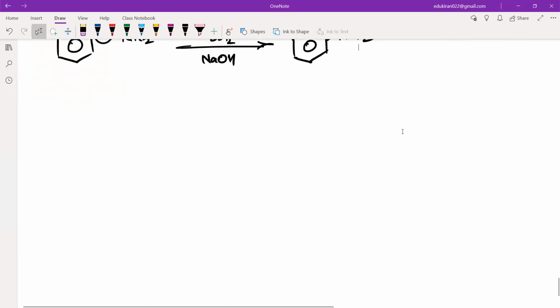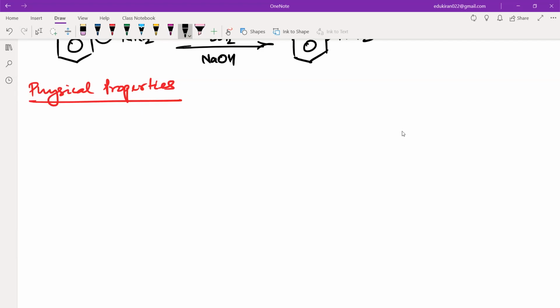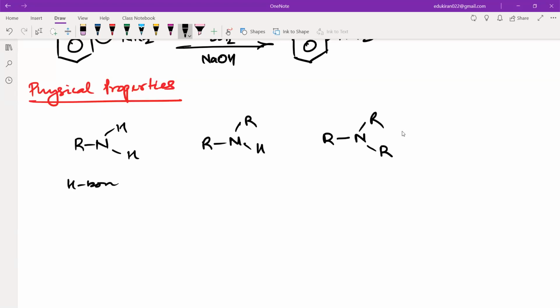In physical properties, one thing you have to remember: RNH2, RNHR, and R3N, that is R and R and R. Now you have to see that hydrogen bonding is present here, and here no H bond.